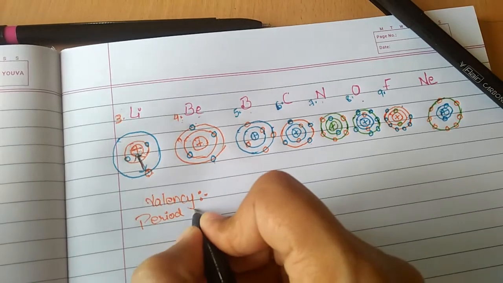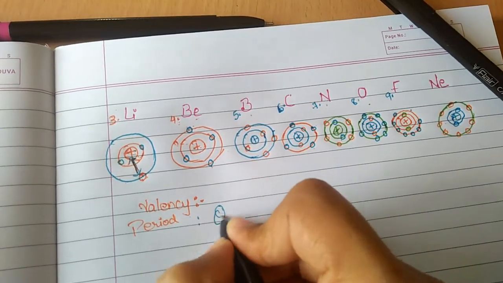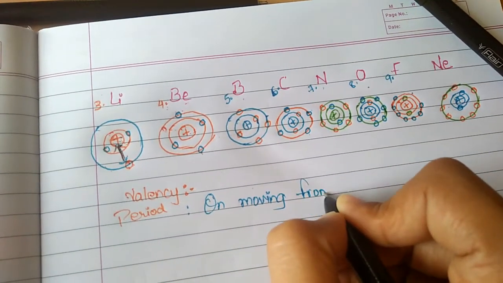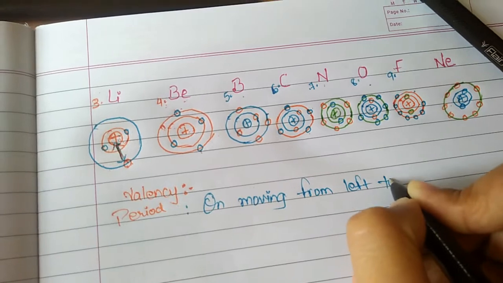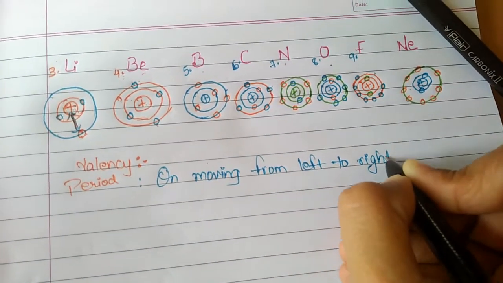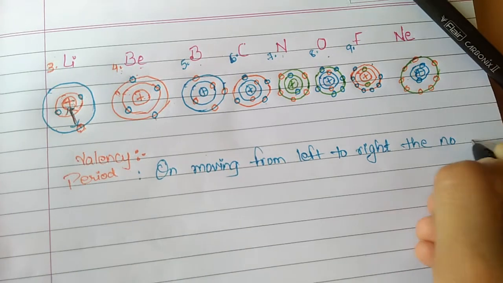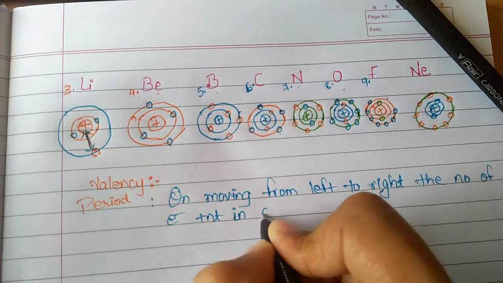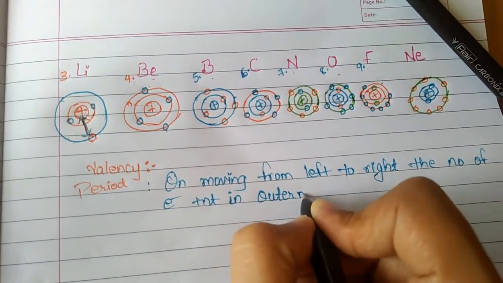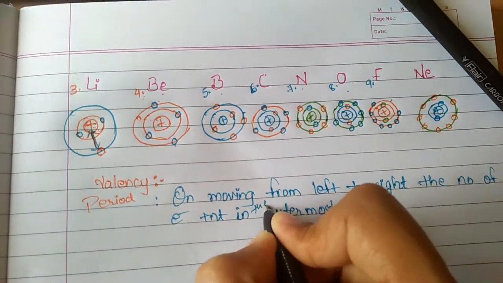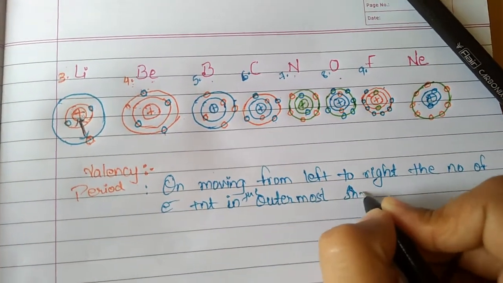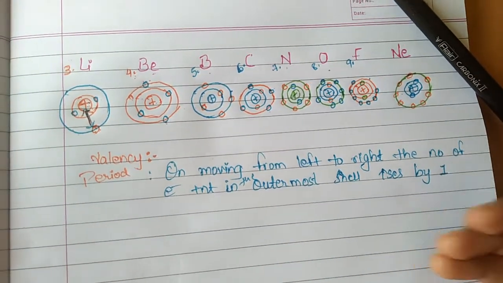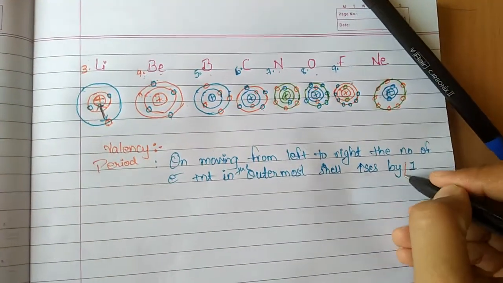So what is the trend in a period for valency? On moving from left to right, the number of electrons present in the outermost shell increases by 1.